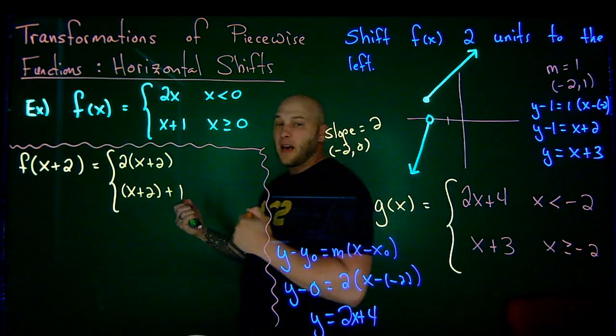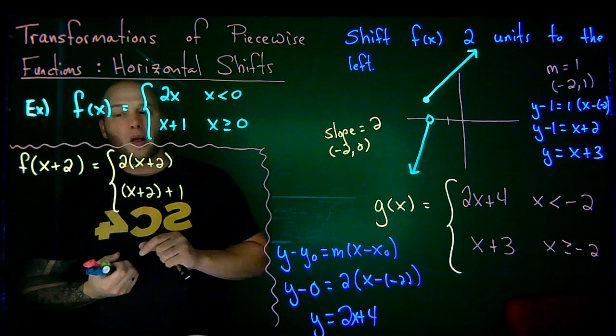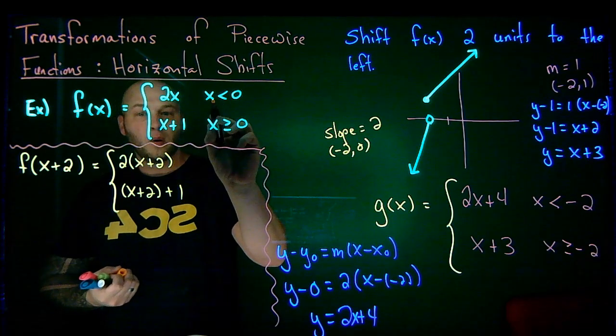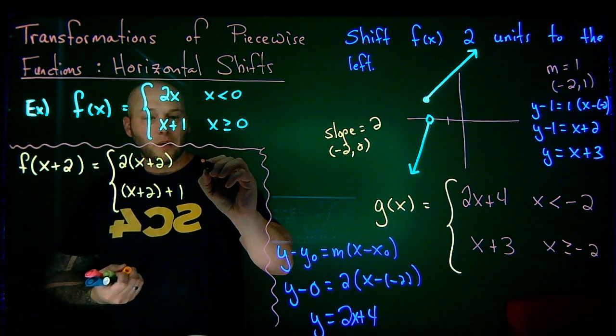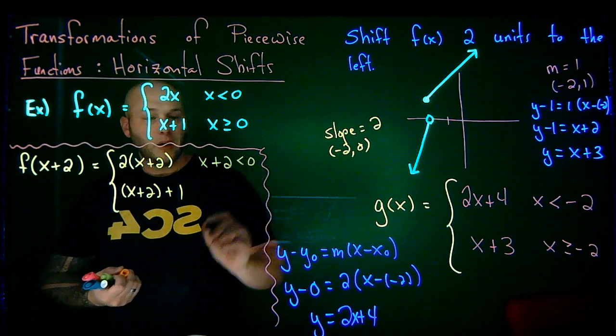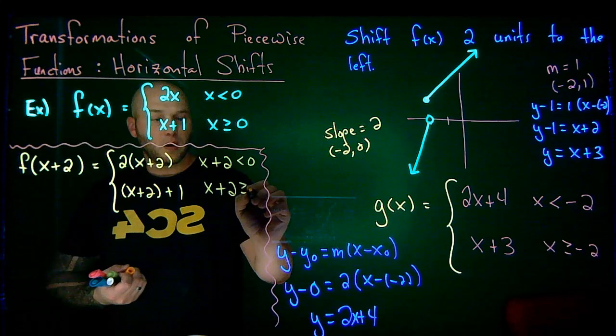The idea is every single occurrence of x, whether it's the function expression or the inequalities, gets replaced with x plus 2. Therefore, x plus 2 is going to go both in the first inequality, so that'd be x plus 2 less than 0, and in the second inequality, so x plus 2 is greater than or equal to 0.